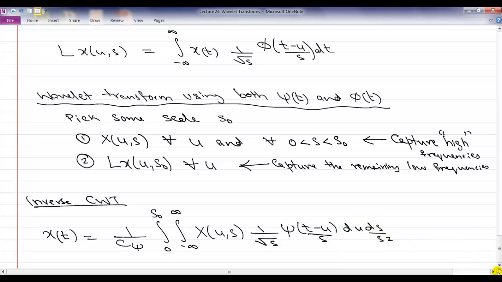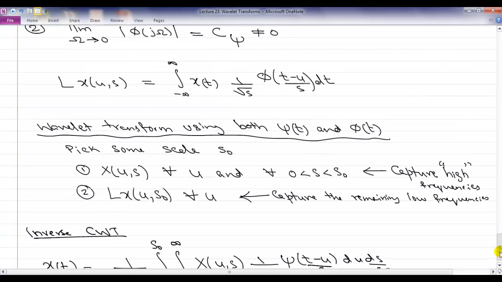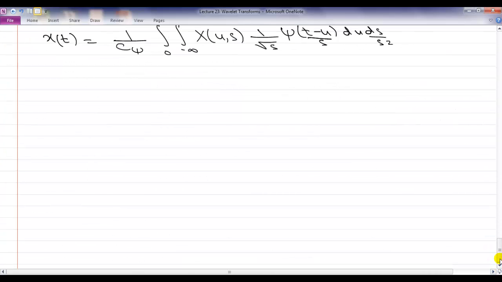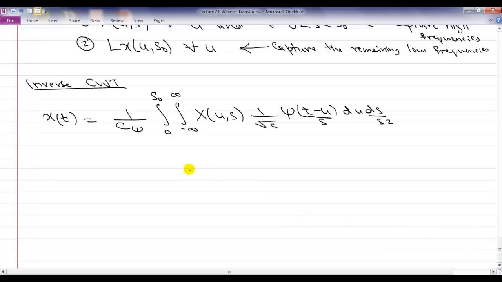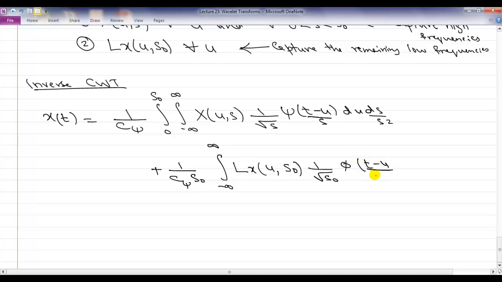So this will take care of the reconstruction due to x of u s, but we also need to take care of the reconstruction due to the low pass component that is left, and that is given by 1 over c psi, integral from minus infinity to infinity of Lx of u s naught, 1 over square root of s naught, phi of (t minus u) over s naught, du.